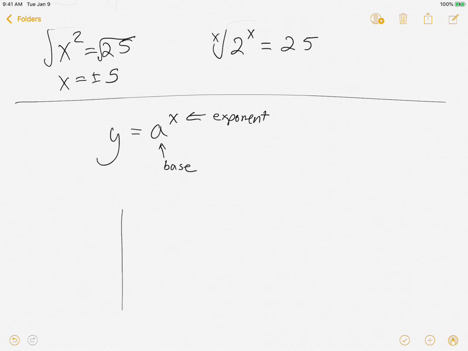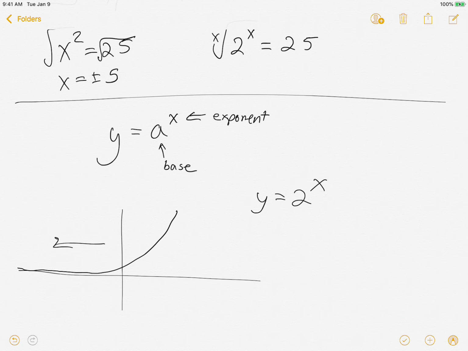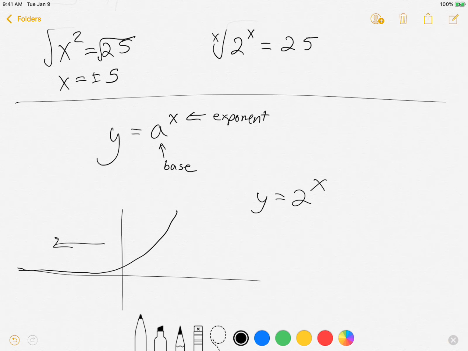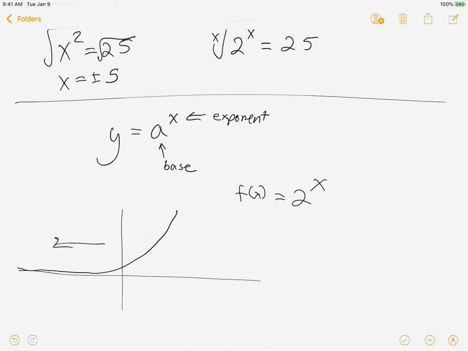The actual graph, if you go and graph, say, y equals 2 to the x, it looks like this. Everything on this side, that's negative. Let me go ahead and make this a function. Let's say this is f of x equals 2 to the x.